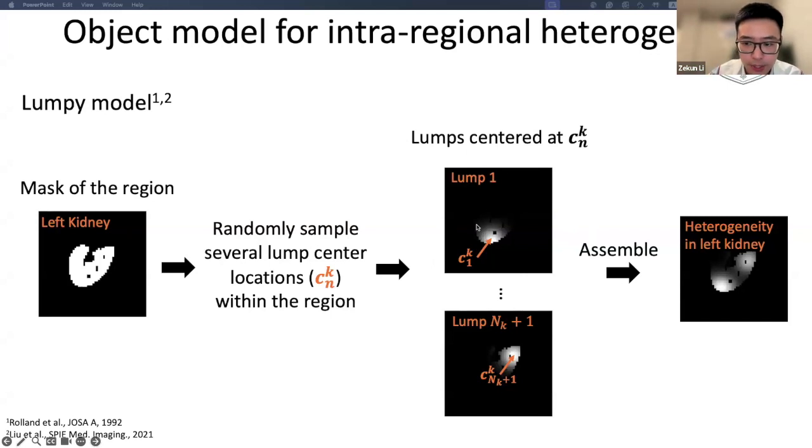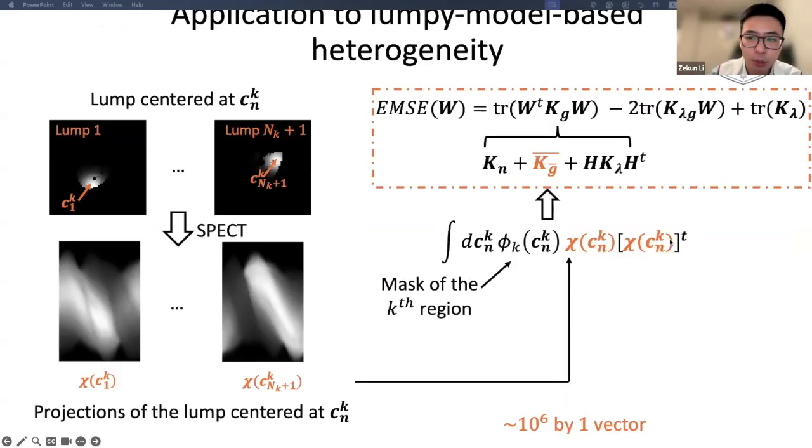Basically, here shows some lumps centered at c_nk. And by assembling them together, we get the heterogeneous uptake distribution within the kidney region. Given this lumpy model-based intra-regional heterogeneity, the covariance due to variations in intra-regional uptake heterogeneity, K bar G bar here, requires computing such an integration for each region.